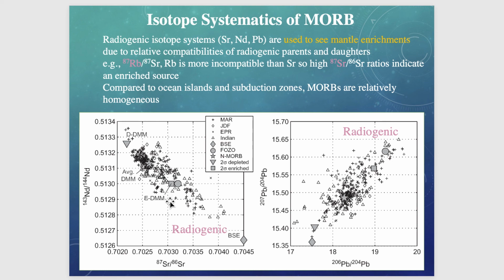One is the enriched extreme, which is 2 standard deviations enriched, and this other is instead a suite of samples that are relatively depleted. And so in this particular case we can see how the isotopes are useful in the discrimination of different levels of enrichment.